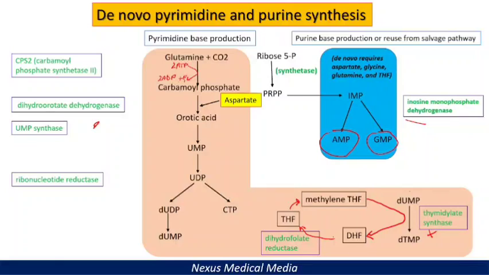What else do you have? You have glutamate. Right, so these are the end products that you get from here. One thing you need to remember about the enzyme for this step, carbamoyl phosphate synthetase 2, is that it is found in the cytosol.